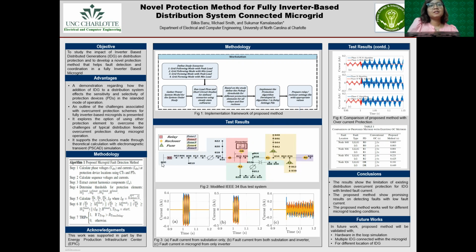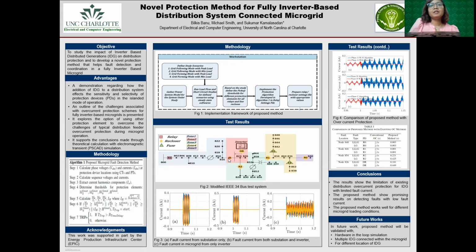In the first one, just the substation is serving the load, and the fault current value for that was 0.4 kiloamps. In the second scenario, the substation and the inverter are both serving the load. At that time, the fault current was 0.48 kiloamps.